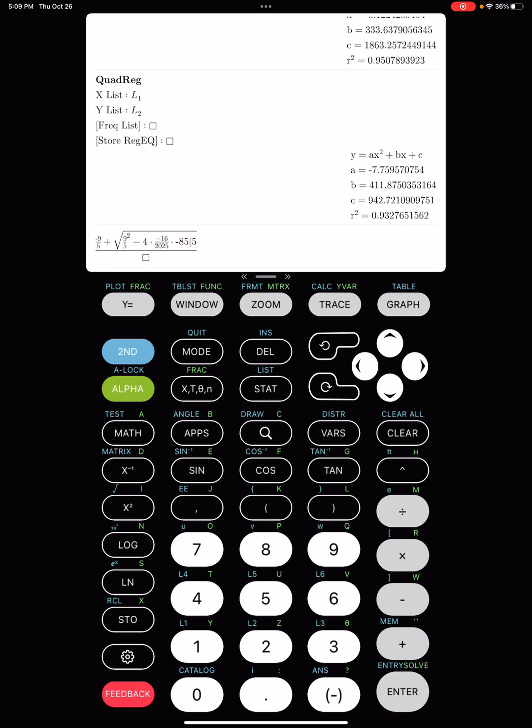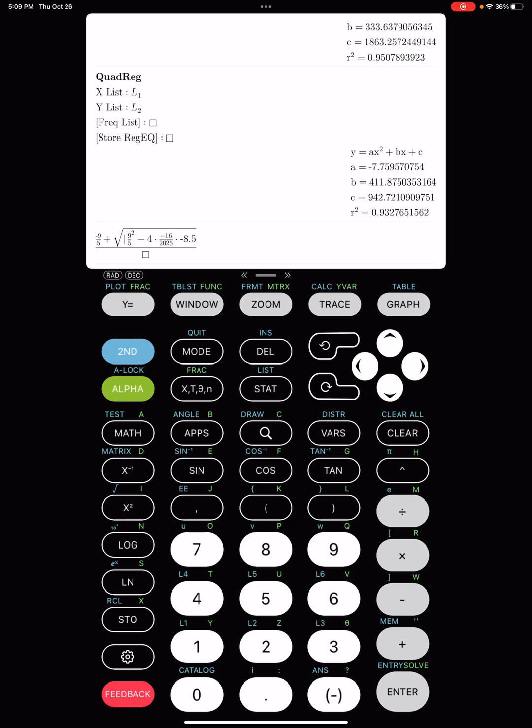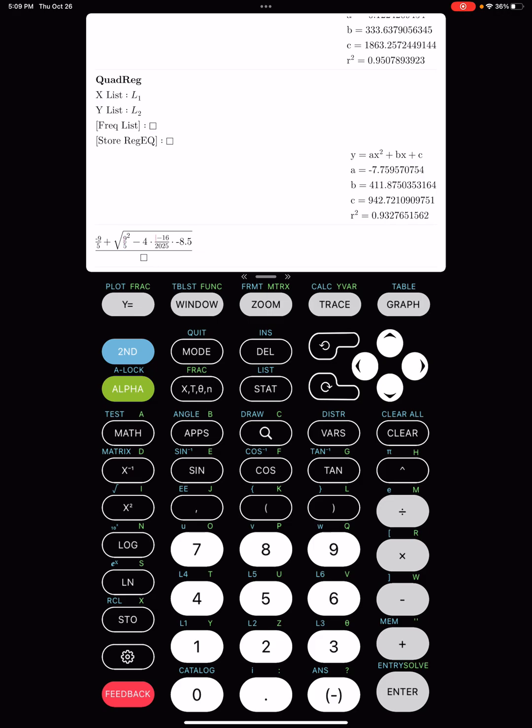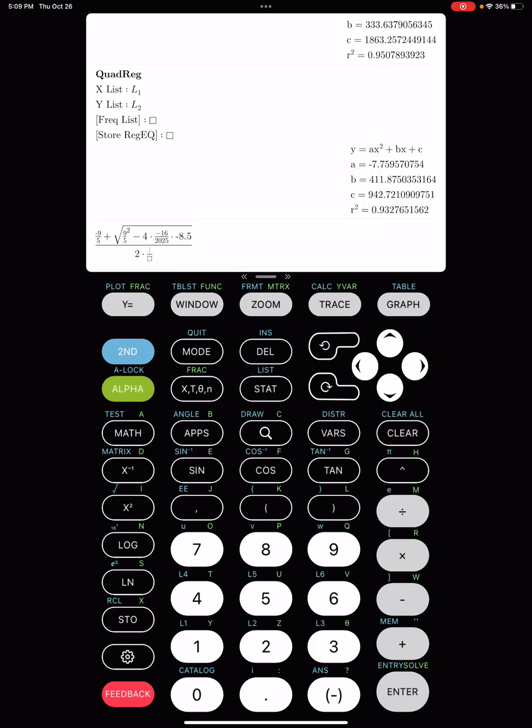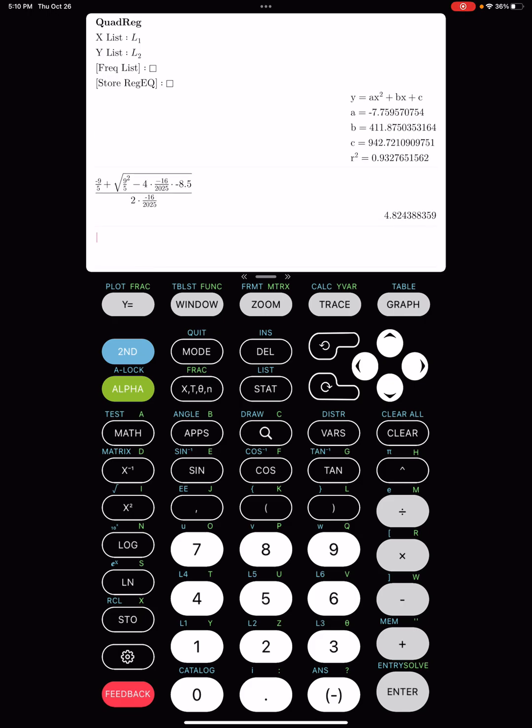all over 2 times, and then this is going to be negative 16 over 2025, and you press enter, and one of the values I get is 4.8.